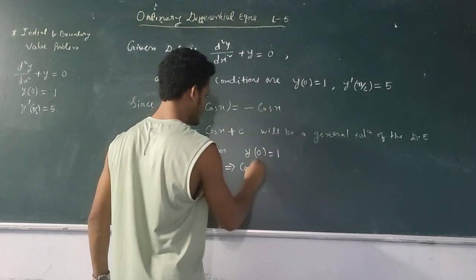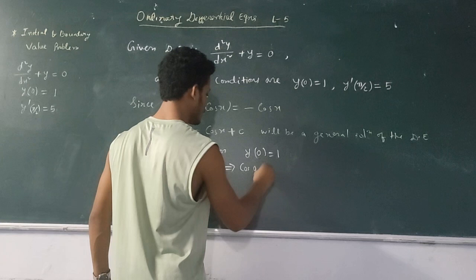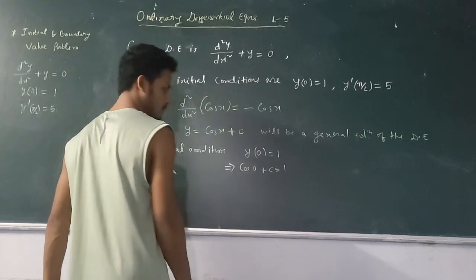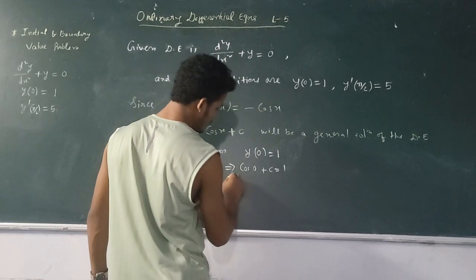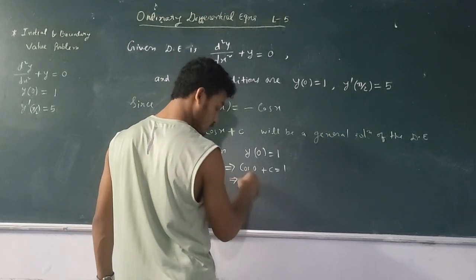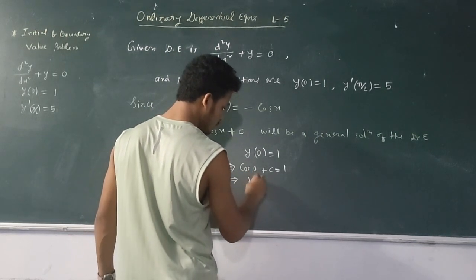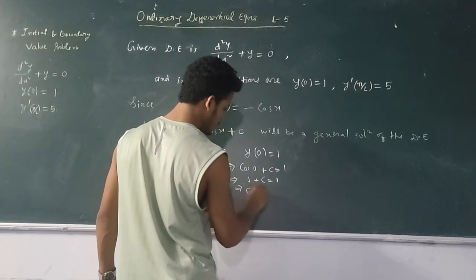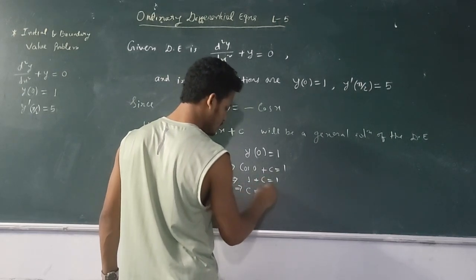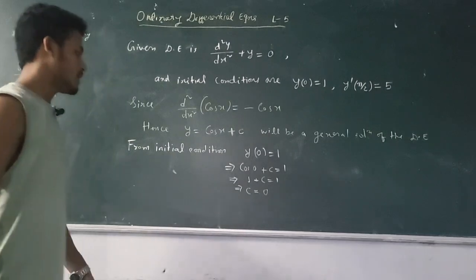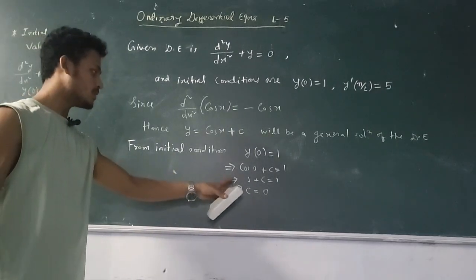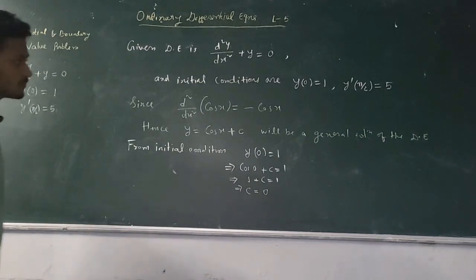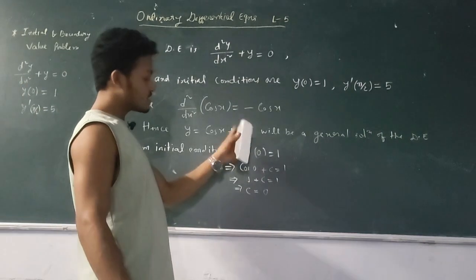Cos of 0 is 1, so 1 plus c is equal to 1. We will get c is equal to 0. C is equal to 0 satisfies this first initial condition. That means you can put here c is equal to 0.